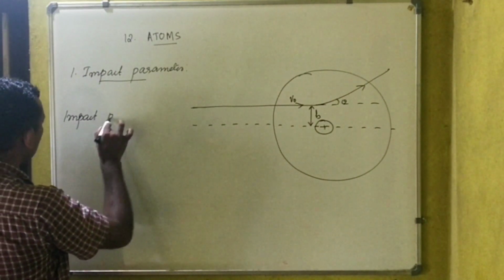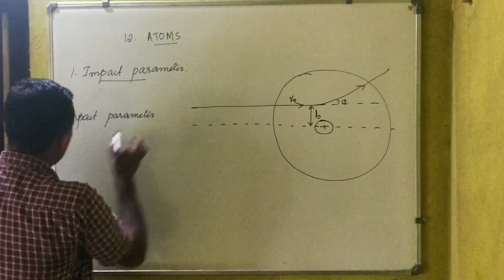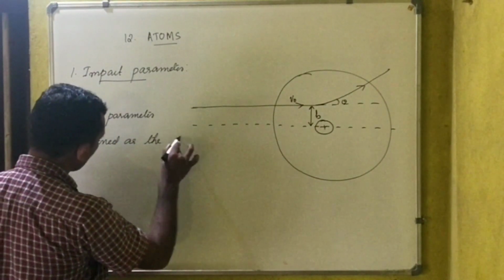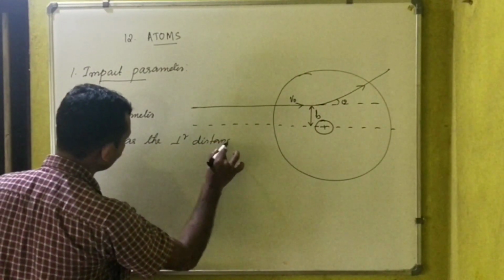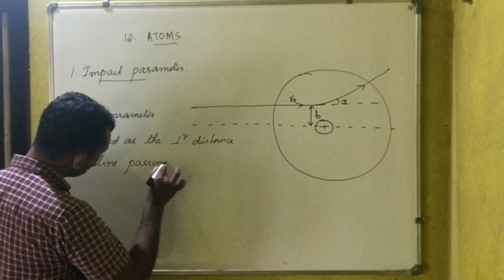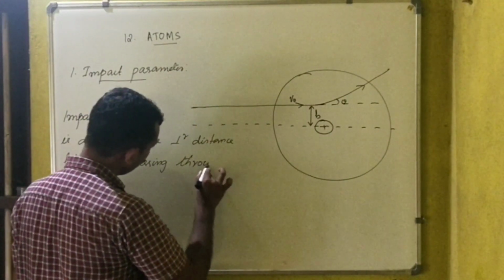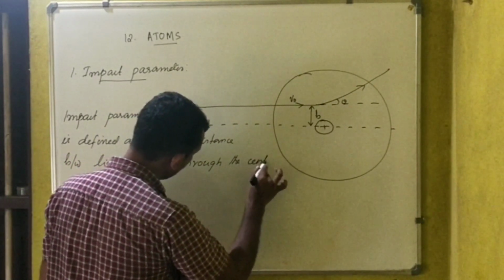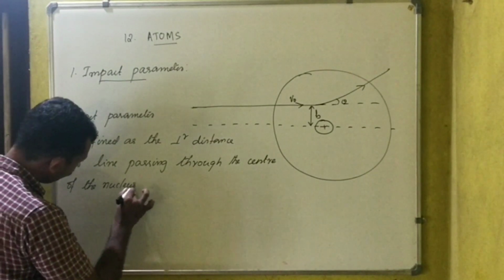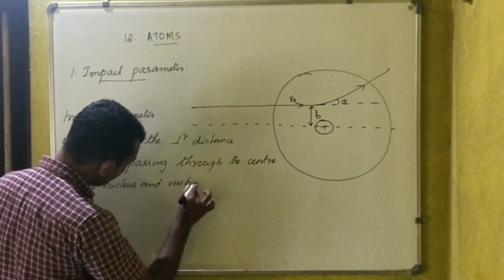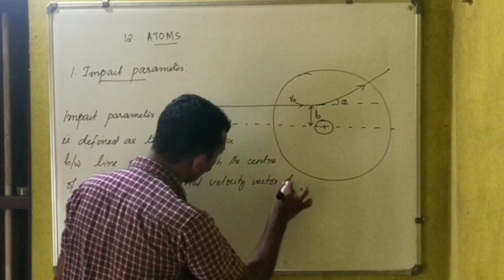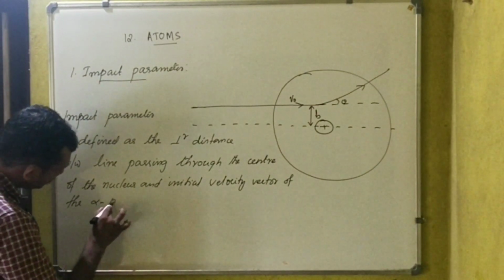Impact parameter is defined as the perpendicular distance between the line passing through the center of the nucleus and the initial velocity vector of the alpha particle.